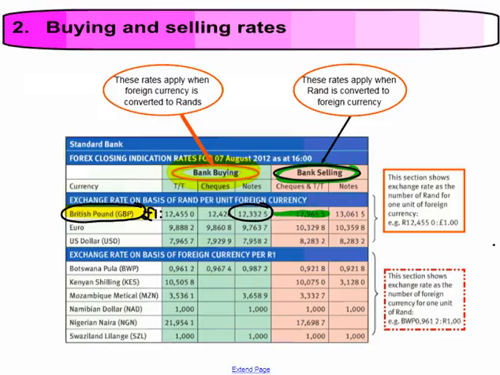In this section, that is going to be 1 unit of foreign currency to the rand value. In this bottom part, you can see it's very different. Here, it is going to be 1 rand to the amount of foreign currency that you can get.